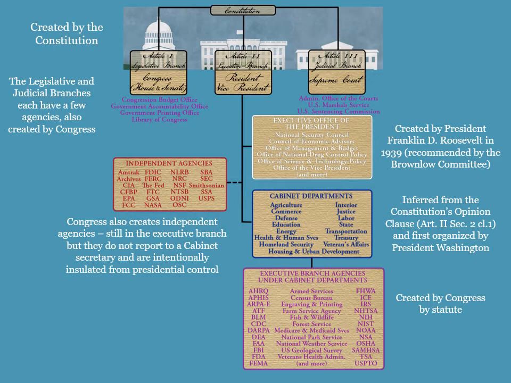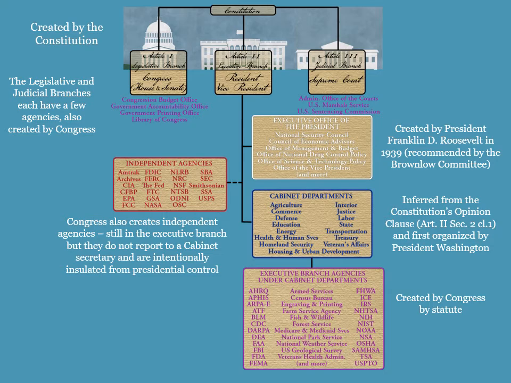Among these independent agencies are 19 independent regulatory agencies, such as the Consumer Product Safety Commission, the Nuclear Regulatory Commission, the Federal Communications Commission, and the Securities and Exchange Commission. These independent regulatory agencies are meant to create and enforce regulations without political interference. Because these federal agencies have a major impact on our daily lives, we're going to cover agencies and agency authority in more depth in a later video.